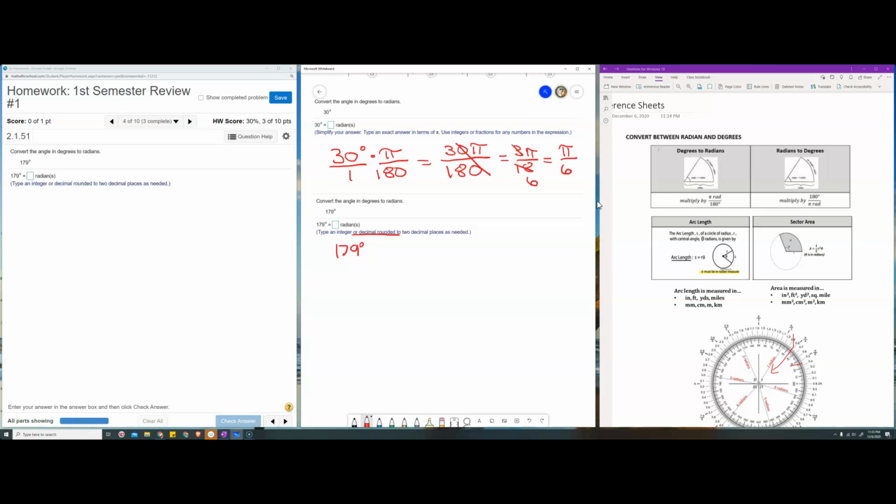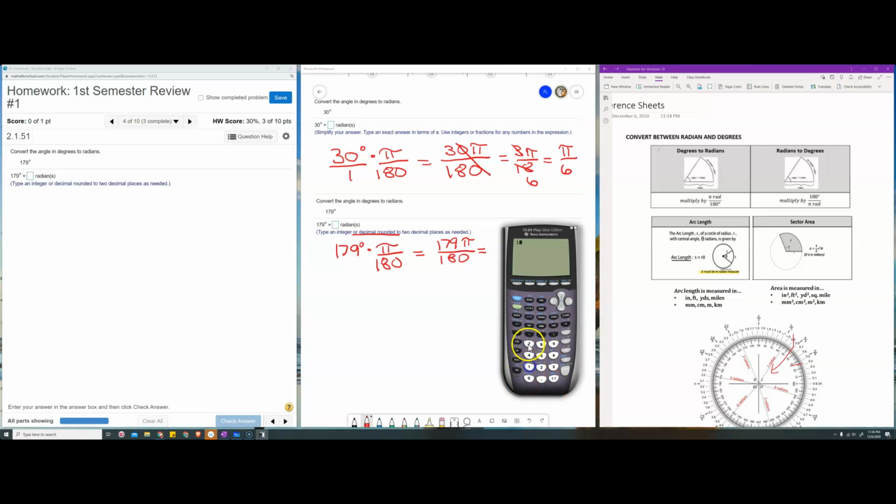A rounded decimal. So I'm going to multiply this by pi over 180, and I get 179 pi over 180. And now this I will do on my calculator.